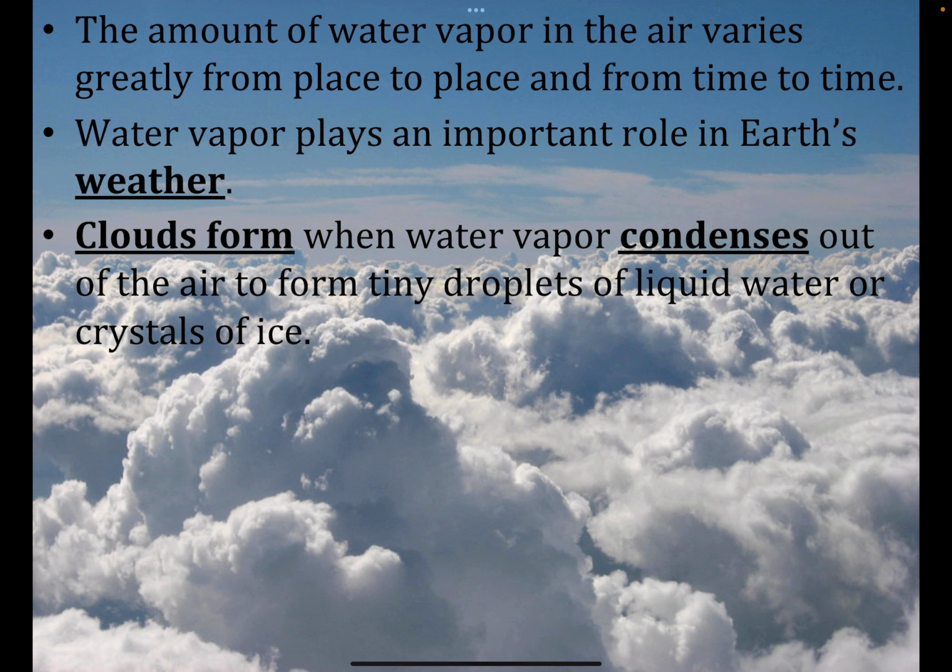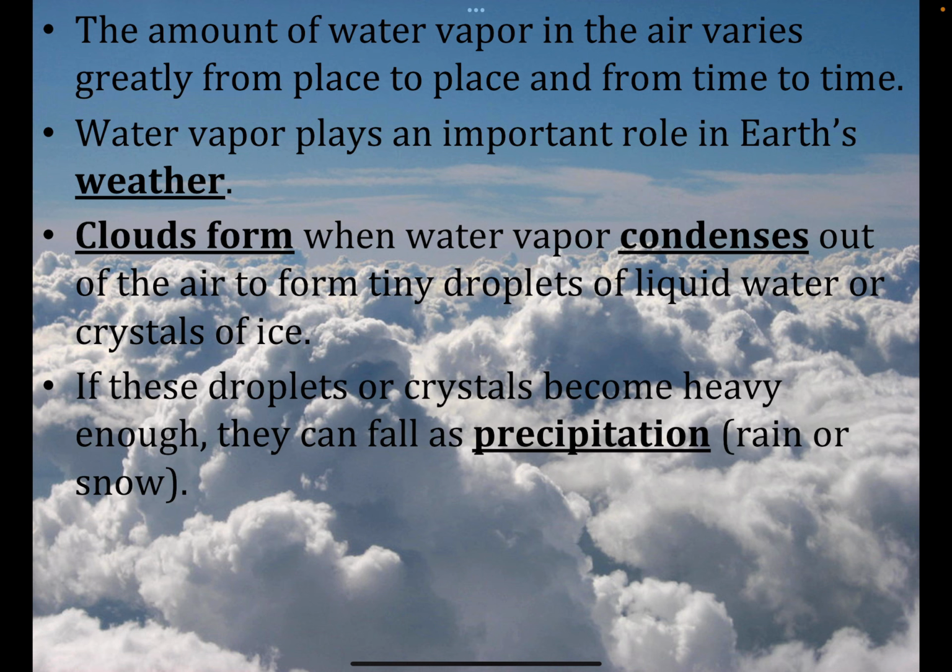So clouds form when water vapor condenses out of the air to form tiny droplets of liquid water or crystal ice. So if there's enough of these droplets and they become heavy enough, they will fall to the earth as precipitation, which could be in 2 forms. You can have precipitation in the form of rain or precipitation in the form of snow.